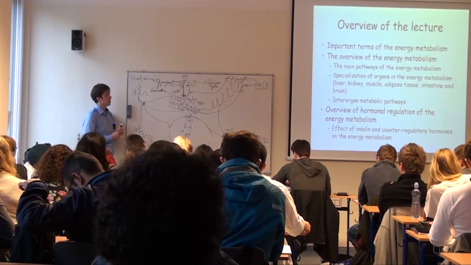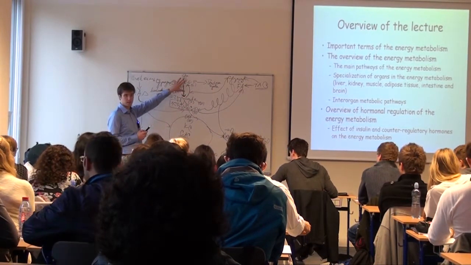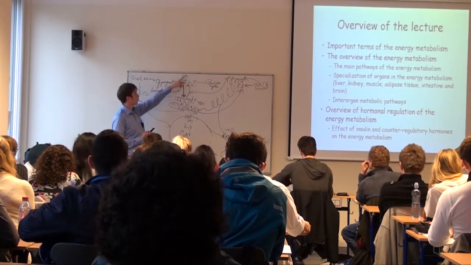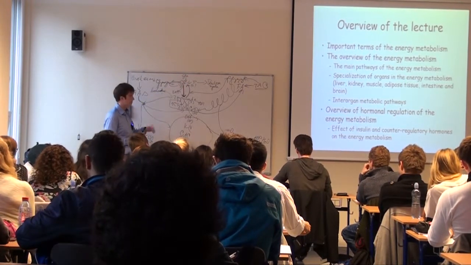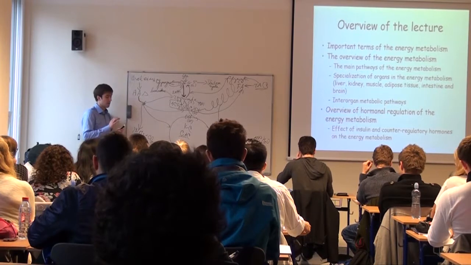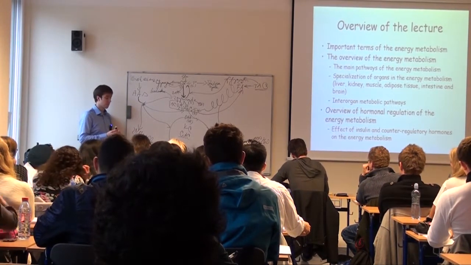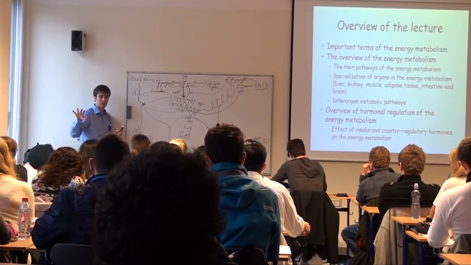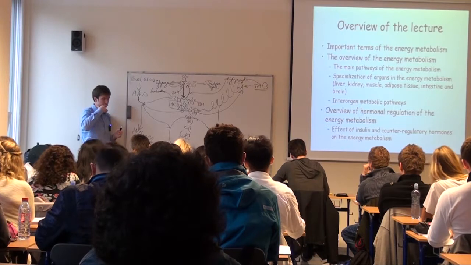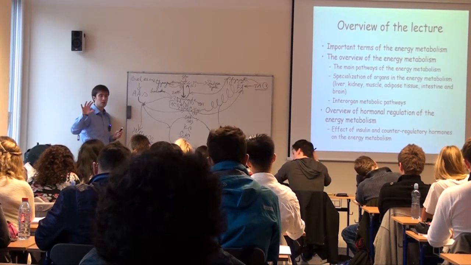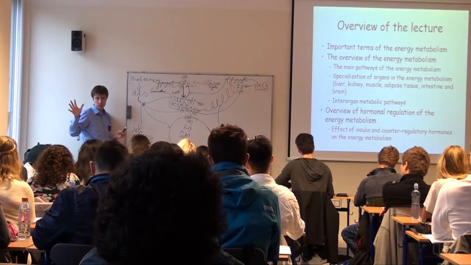In liver, all these pathways are active. Not only catabolic pathways, but also anabolic pathways. Liver is an important organ for maintaining the blood glucose level. The normal glucose level is between 3.3 and 5.6, we can say.